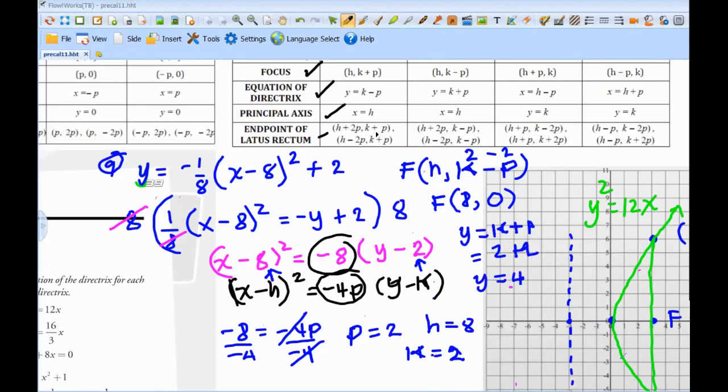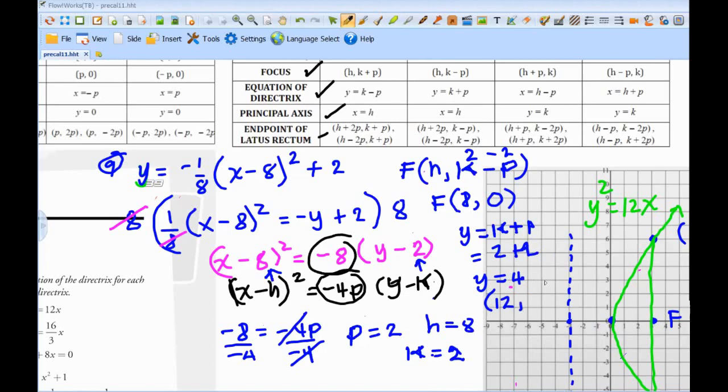Now we also have the endpoints. So the endpoints are H plus 2P and K minus P. H is 8 plus 2P. The P is 2, so 2P is 4, and 4 plus 8 should be 12.